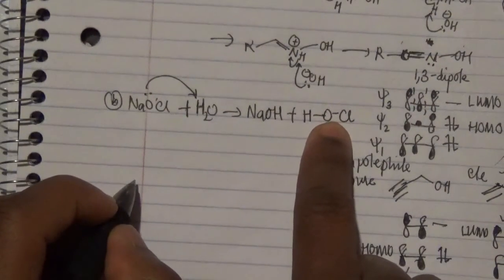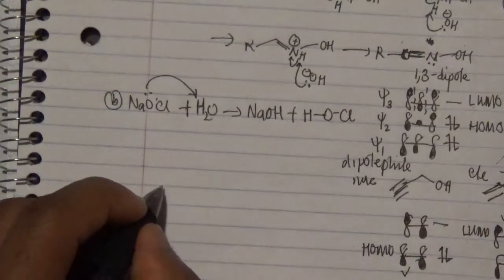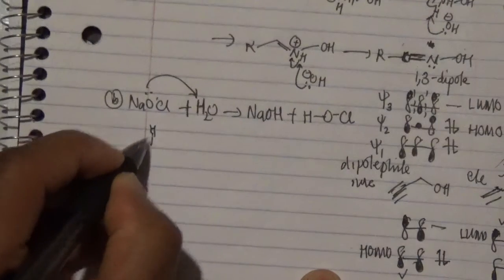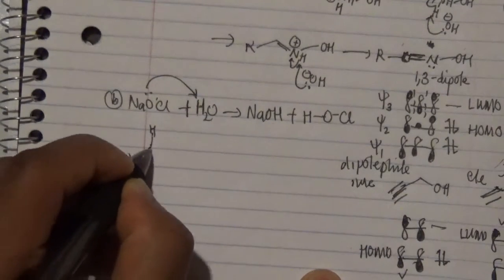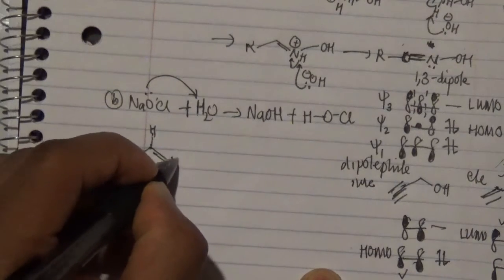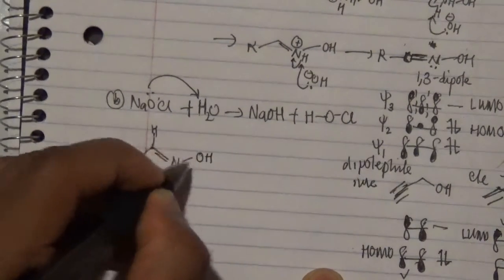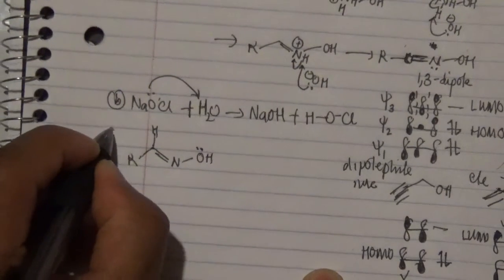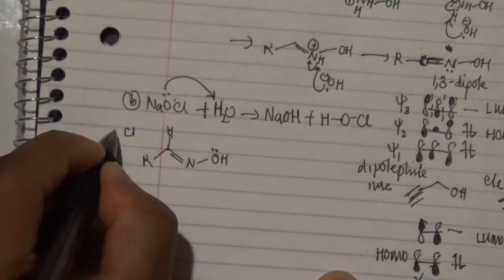this particular species donates chlorine to this particular species over here through some interesting electron pushing arrows, which are given here below. So we have a nitrogen attached to the hydroxy over there.